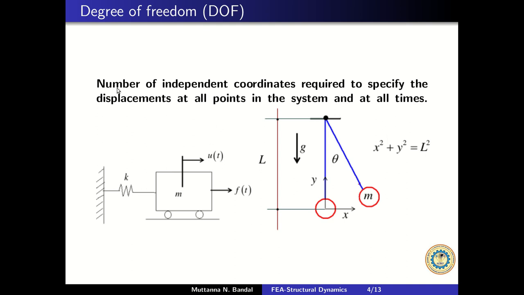So the number of independent variables, that is the degrees of freedom, here is u of t, which explains the back and forth movement of the mass. We say that for this system 1 degree of freedom exists, because u of t gives the displacement of the mass in the horizontal direction, back and forth.